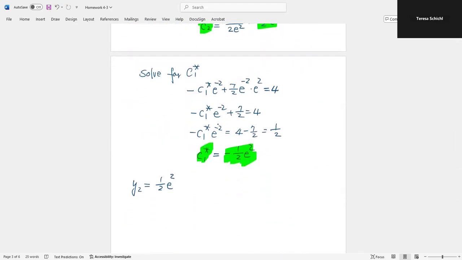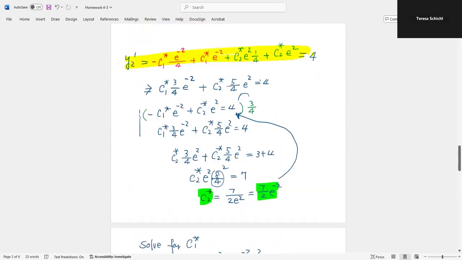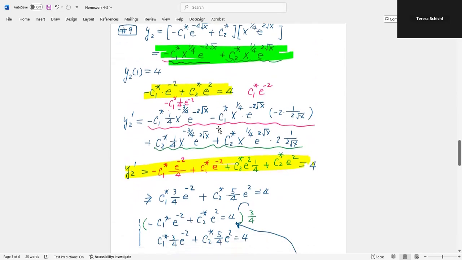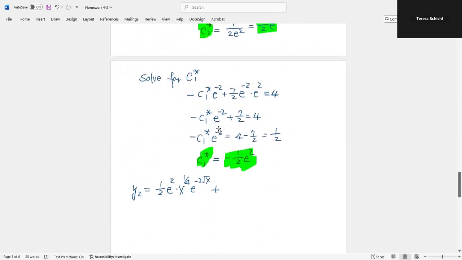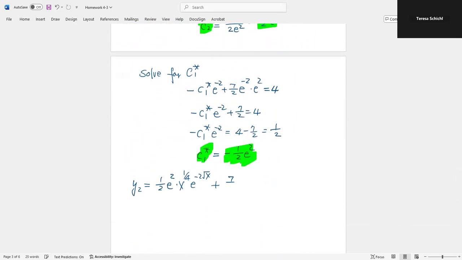So I have x to the 1/4 e to the negative 2 square roots of x plus, okay, C2 here, all right, so it's 7/2 times x to the 1/4 e to the positive 2 square roots of x, right? So if you want, you can simplify this a little bit.